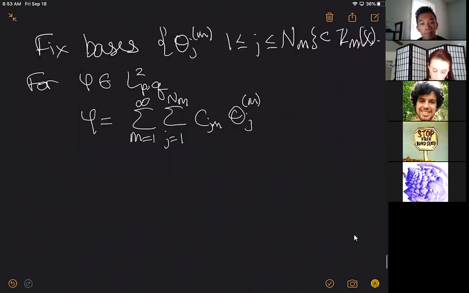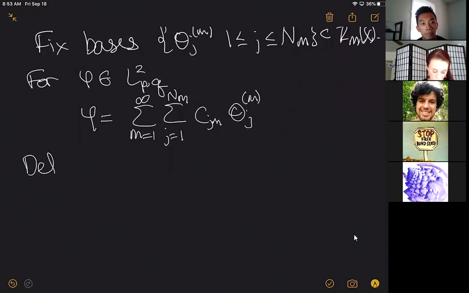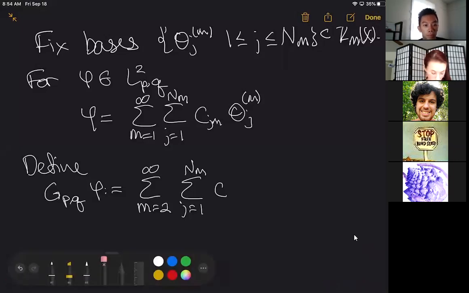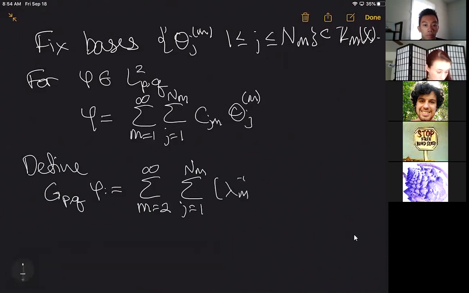And finally, we define G^{p,q} acting on our form phi to be the sum from m equals 2 to infinity, sum from j equals 1 to n sub m, then we multiply by the eigenvalue inverse, c sub j m, theta j m.